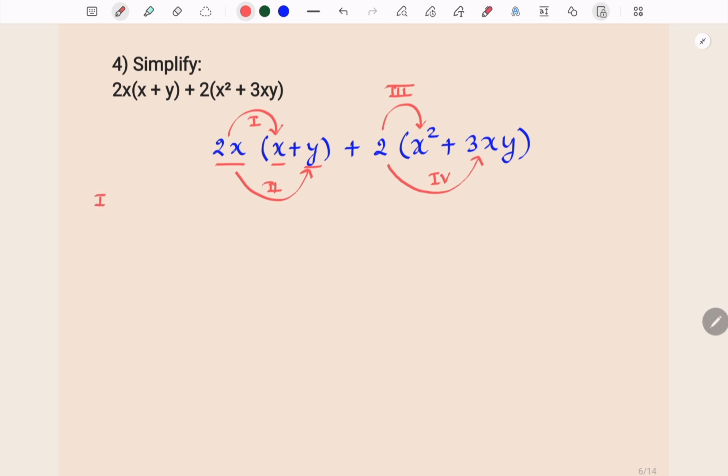First multiplication is 2x multiplied by x. This is 2x squared. The second multiplication is 2x times y, that is plus 2xy.